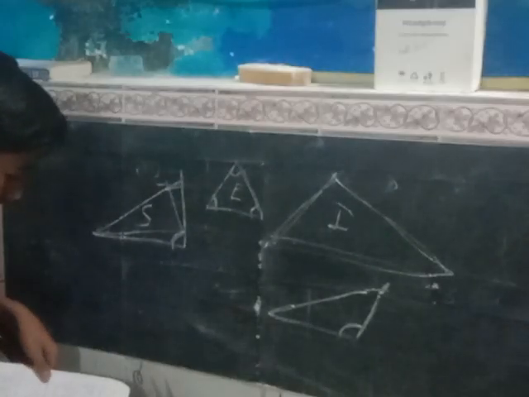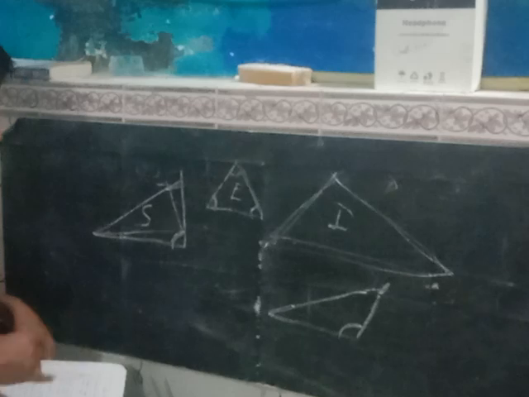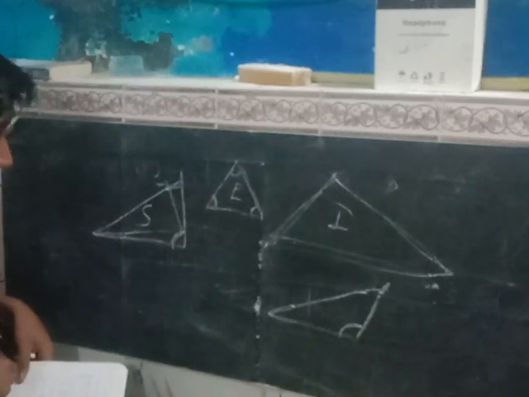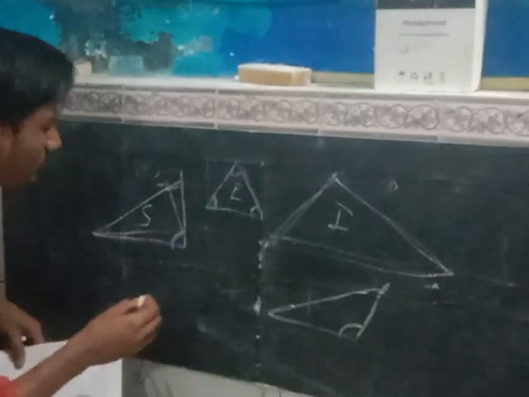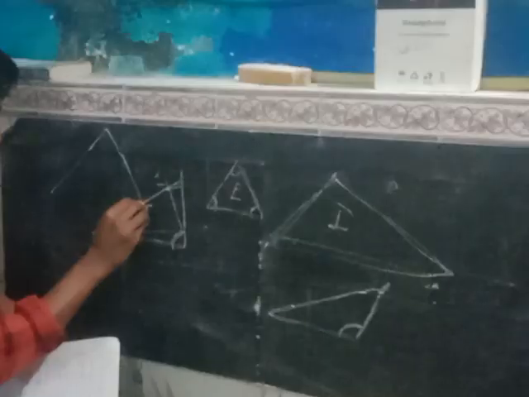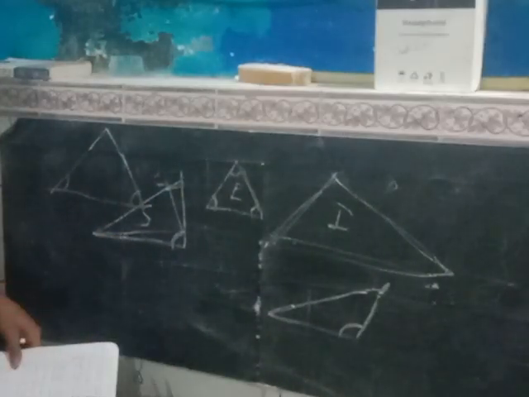Isosceles triangle means the angles opposite the equal sides will be equal. So opposite angles will be equal. Maybe something like this.